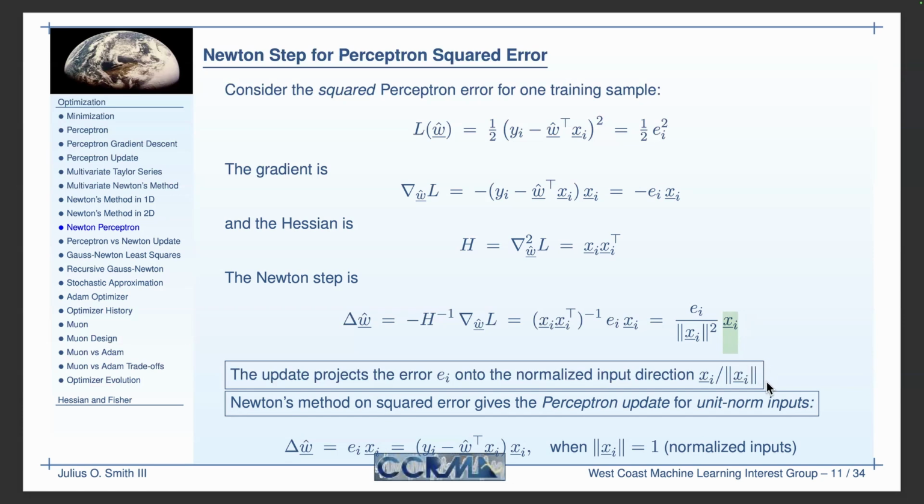Julius? Yeah, sorry, that step where you went from the x_i x_i transpose inverse, how did that turn into the norm on the right-hand side of that equal sign? Well, I think the way to think about it is that this transpose probably should be here, because the norm squared of x is x_i transpose x.